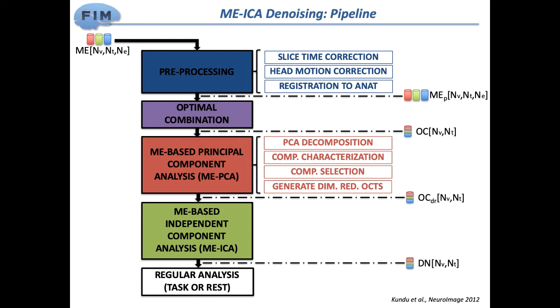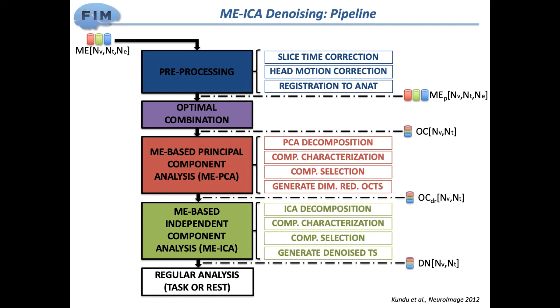When it works well, that's going to remove signal that is more likely to be noise. Then, when you have the ICA, you do the ICA decomposition. You characterize each component by kappa and rho. You do component selection, which has a bunch of different decision factors, including that elbow test I was just showing. And you generate the denoised time series that goes into the analysis.